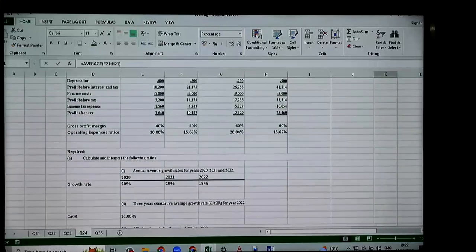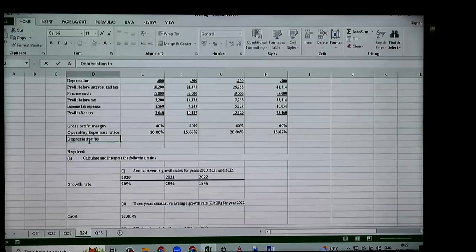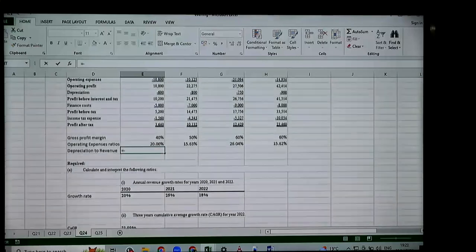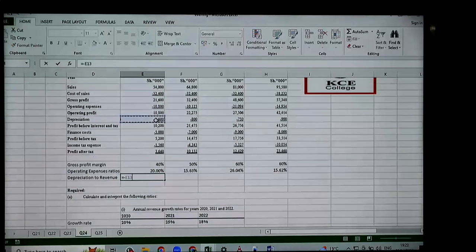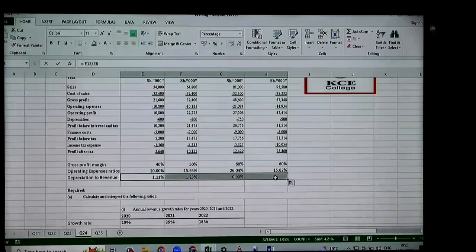So depreciation to revenue, equals, so I start with a negative because it's an expense. So it's this one here, divide by our sales, isn't it? Then let me do percentage and I add 2 decimal places. Then I just drag along.